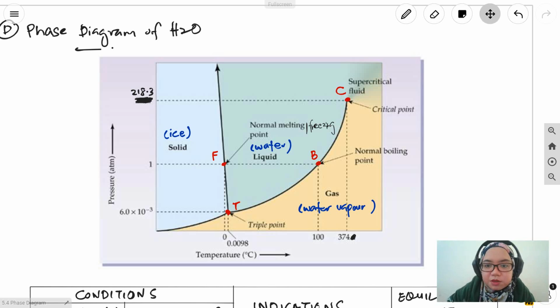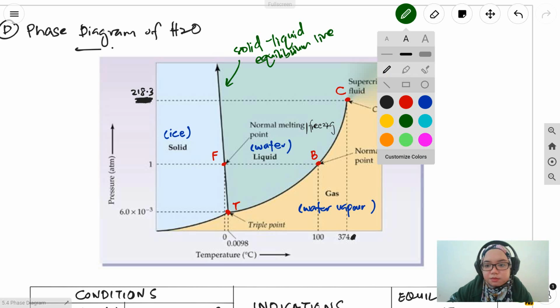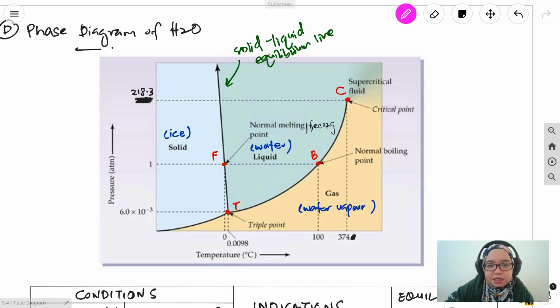This solid-liquid equilibrium line, this line here, is a negative slope. Right? It is inclined to the left. Okay, you can see it is inclined to the left.